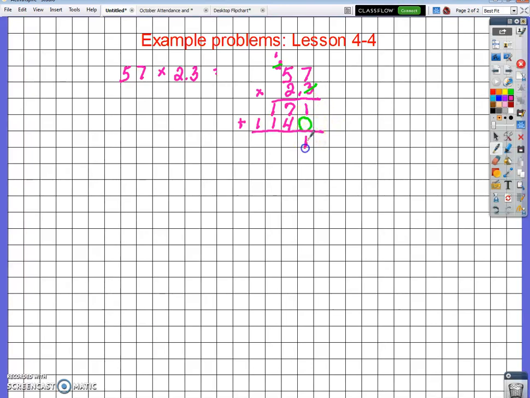1 plus 0 is 1. 7 plus 4 is 11. And 1 plus 1 plus 1 is 3. And I bring down my 1, and I get 1,311. That would be if we were multiplying 57 times 23. However, I go up here and I say, well, in 57 there are no decimal places, no numbers after the decimal.